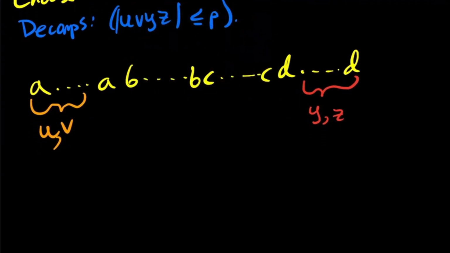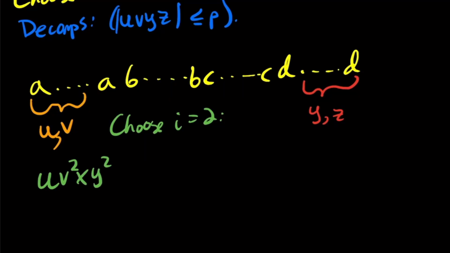So what I'm going to do here is choose i equal to 2. Then whatever the number of a's that v is, and the number of d's that y is, whatever happens, we get u v squared x y squared z, because we have to pump the v and the y part the same number of times, the number we chose. Well, we're increasing the number of a's by some number, so the a's go up. We had p plus, let's call it k.